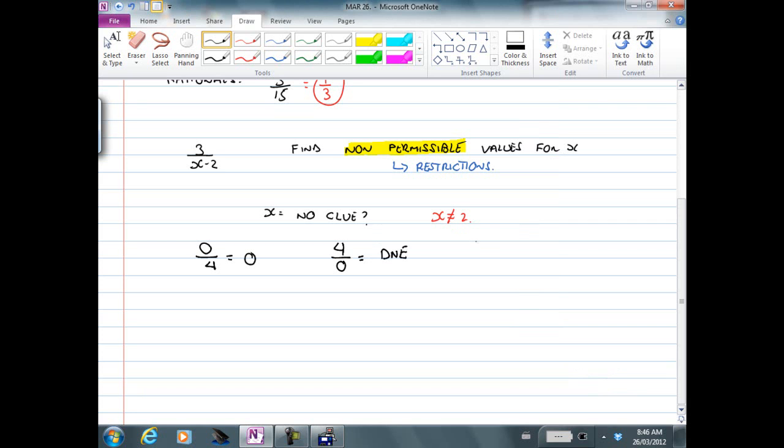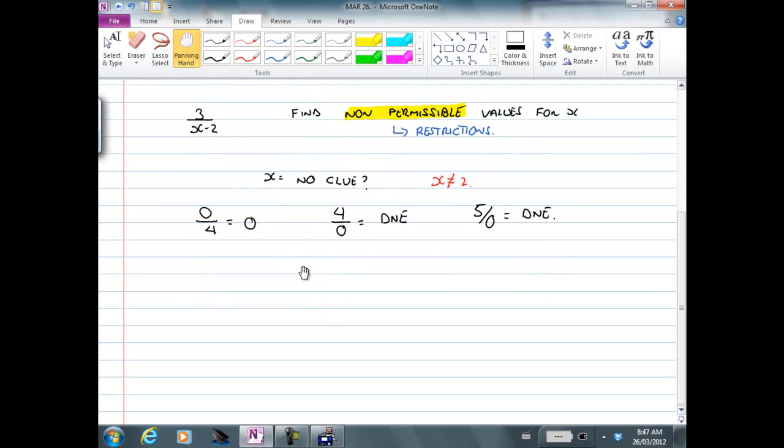What if I go 5 divided by 0? No tricks again, just very simple stuff. Darshil, what do you think? DNE. So what can you conclude? What can the denominator never be? 0.